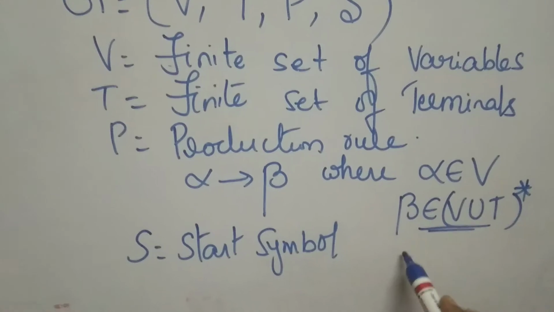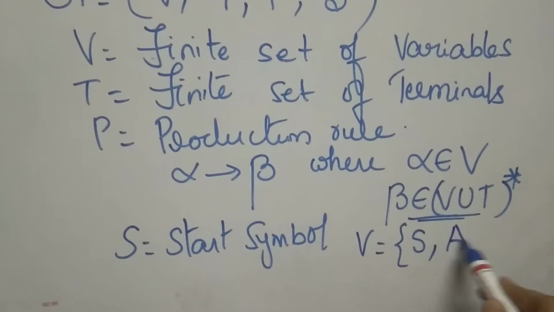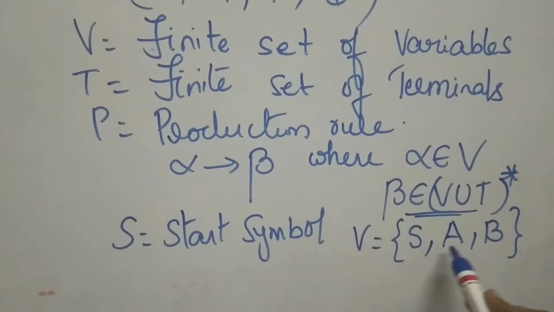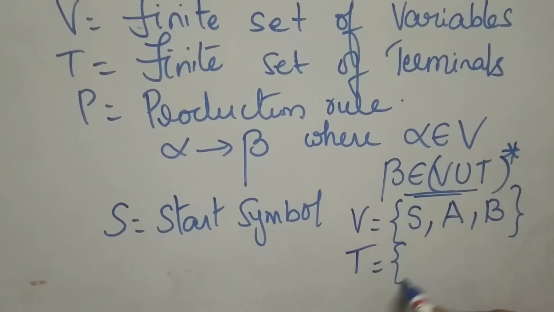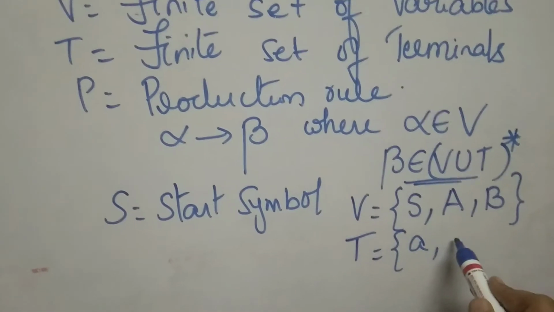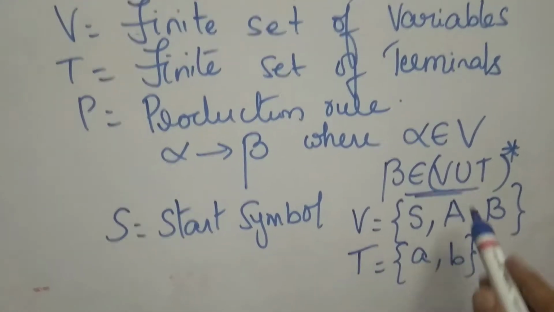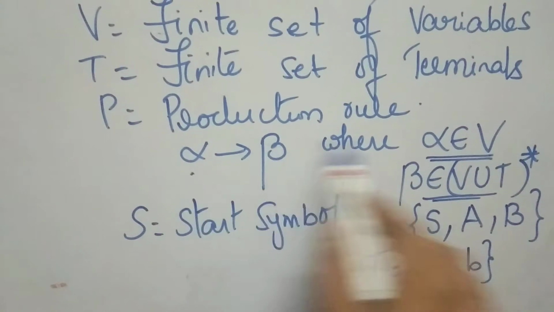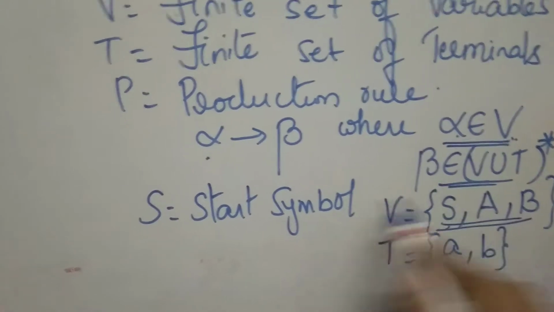For example, in your variable set you have S, A, B. Variables must be written in capital letters, and the terminal set is represented using small letters, that is a, b. So alpha is in the form of only a variable.